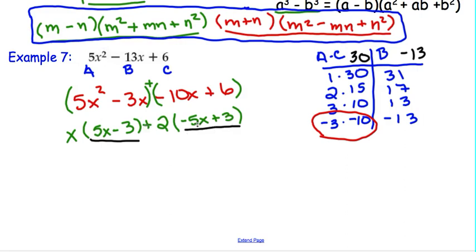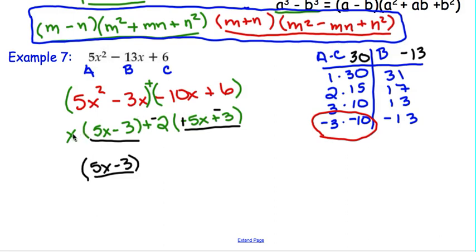Well, these 2 are similar, but my signs are different. So I'm going to change this to plus, this to minus, and I can do that by moving the negative sign out front. So now my parentheses match up, and I have 5x minus 3, and that comes from both of these that I have underlined in black.